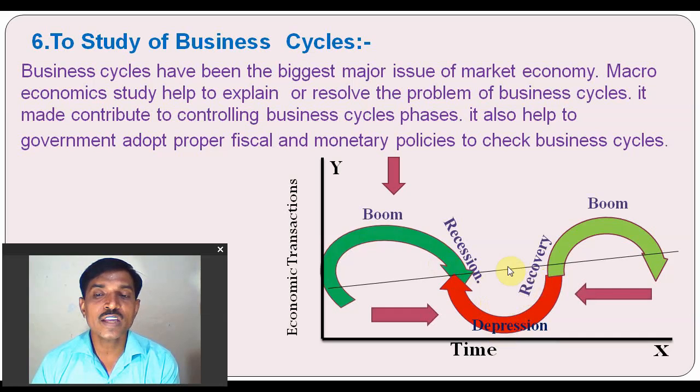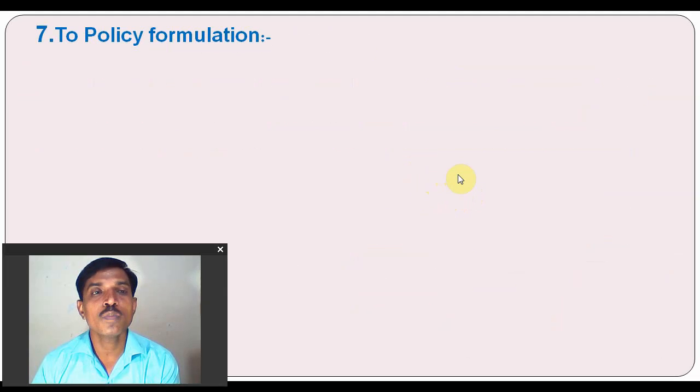So the government takes recovery measures to remove the phases of depression and recession. To understand the business cycle, its phases and reasons, and how to remove them, we need macroeconomics, because macroeconomics studies the business cycle phases and the policies to remove them.